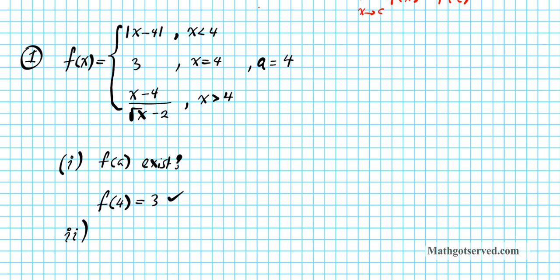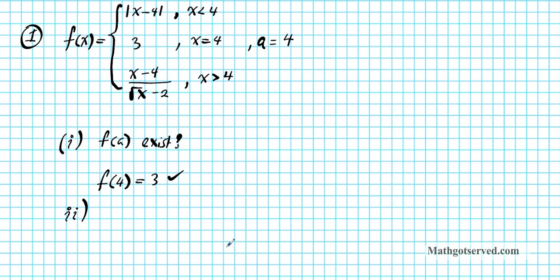Does the limit exist? Since we have 2 different functions going on here, let's identify what our functions are. To order them accurately, I like to make a number line. The partition, or the a value where the switch happens, is 4. So when you're approaching 4 from the left, the function in play is the absolute value of x minus 4, because this region is less than 4.